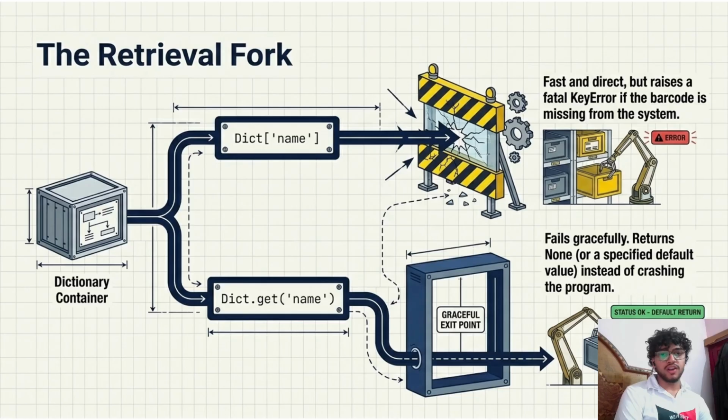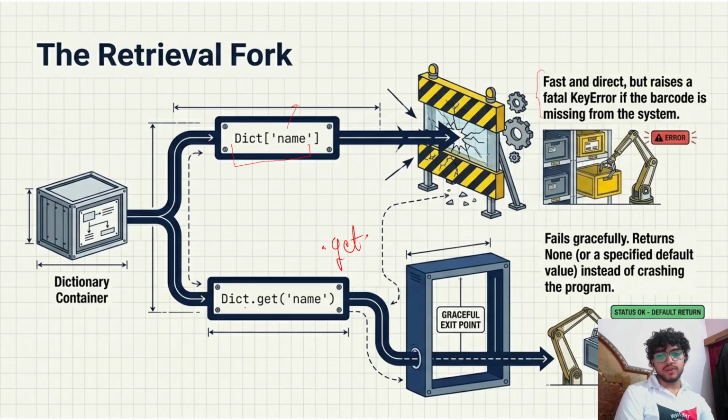Now, how do we retrieve it? We don't use the exact key name like indexing because a key error may come if the key doesn't exist. So we use the method dot get.